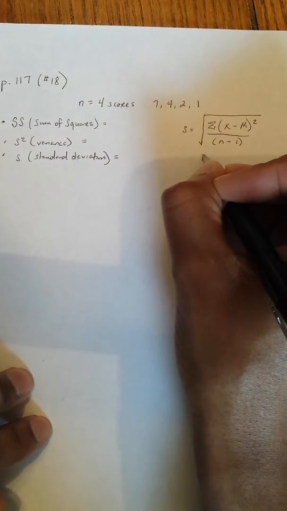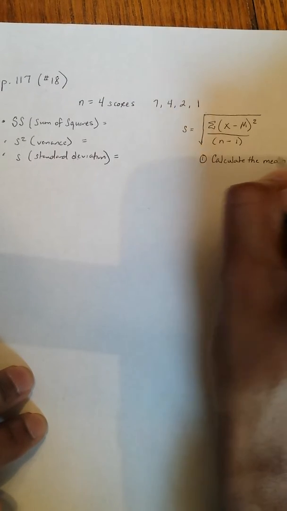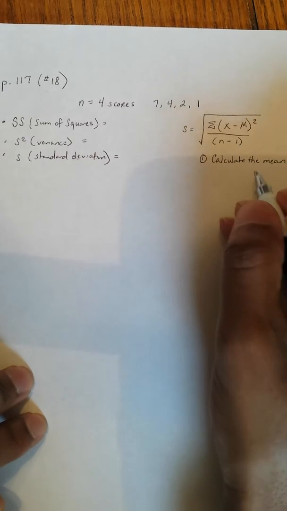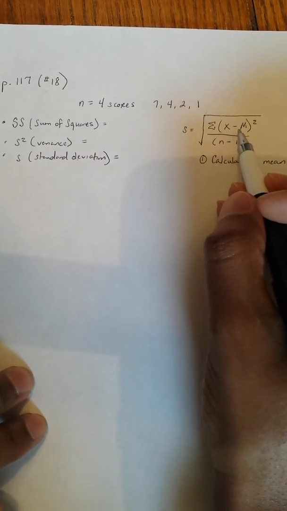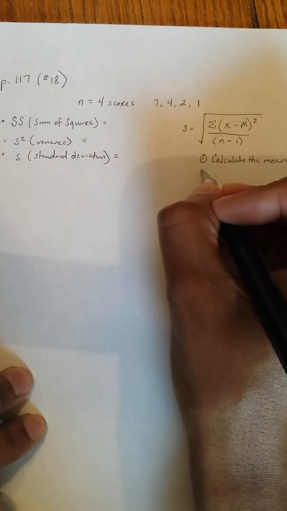And let's go ahead and list out the steps to calculate the standard deviation. One is calculate the mean. Okay. So in order to do any of the parentheses up here, first thing that you got to do is know what that mean is, right? So you're going to calculate the mean first.